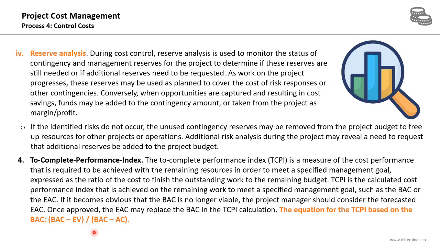Once approved, the estimate at completion may replace the budget at completion in the TCPI calculation. The formula is budget at completion minus earned value, divided by the budget at completion minus the actual cost. If the budget at completion is not viable anymore, we can use the estimate at completion instead of the budget at completion in this formula.